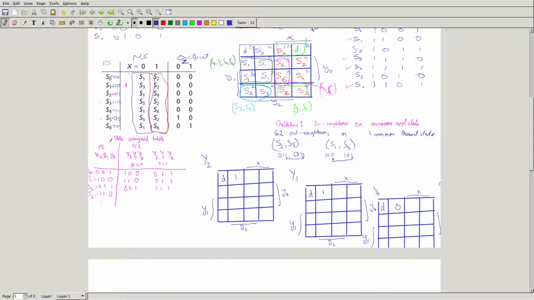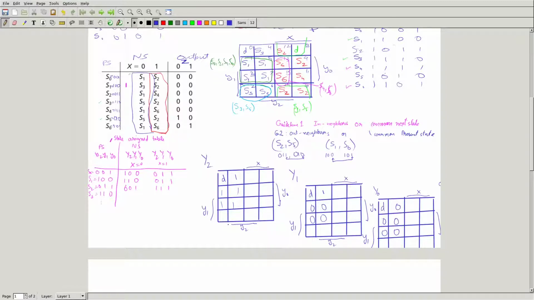And similarly, we can split this next state map into 3 state maps by expanding on the encoding of S1. So S1 is 1, 0, 0. Since we have 4 S1s, we can just copy these and move on to the next one.